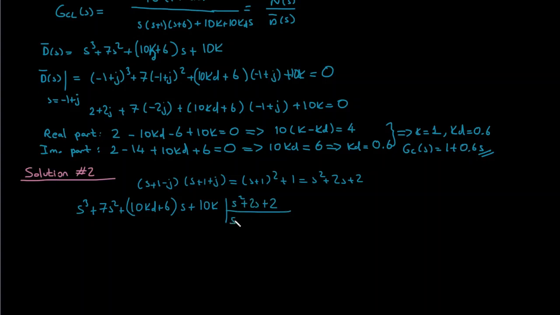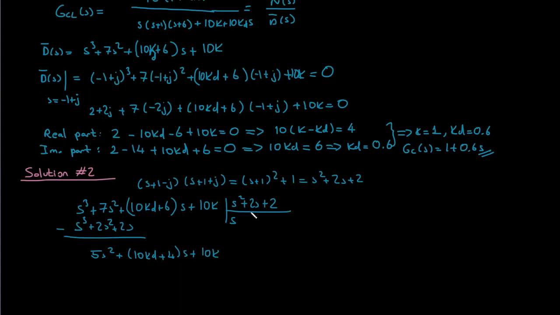So I will first multiply this guy by s so that I will have s cubed plus 2s squared plus 2s and subtract this. So I will end up with 5s squared, and that will be simply equal to plus 10kd plus 4s, plus 4s plus 10k, right?